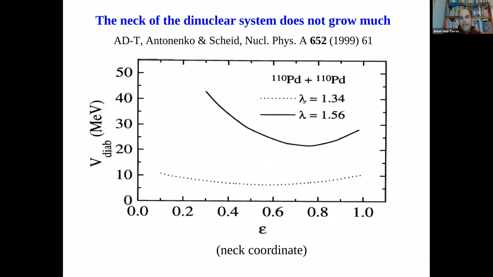And if lambda decreases for some reason, then we see also that the value of the energy is very flat relative to epsilon. We interpret the motion in epsilon as the derivative of this potential as a function of epsilon. The force would be basically zero. So it allows us to conclude that the motion in epsilon is also very, very constrained, and the system doesn't evolve much to large values of the neck radius.